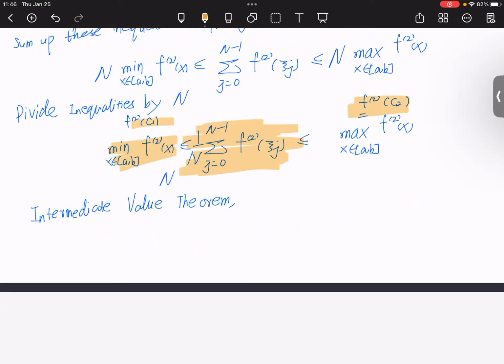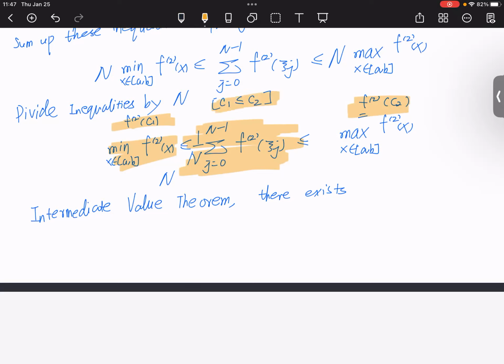Now by the intermediate value theorem, we get that there is a c. We just write it: we assume that c1 is less than or equal to c2. It could be different, it could be that c2 is smaller, but we assume that c1 is smaller.